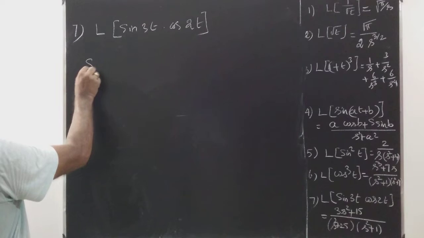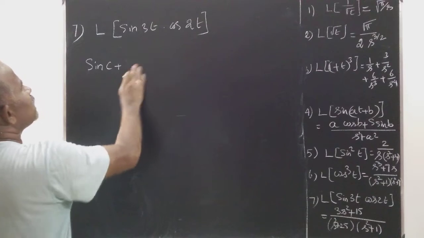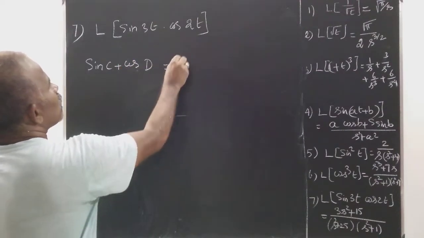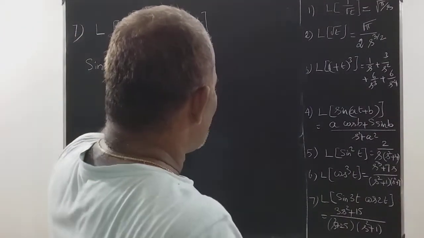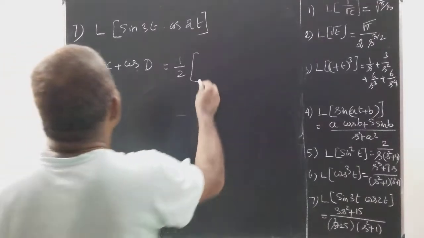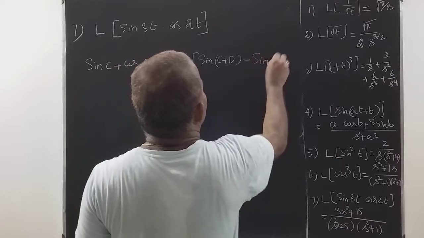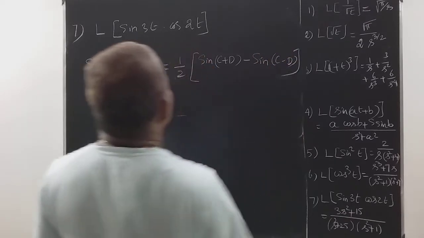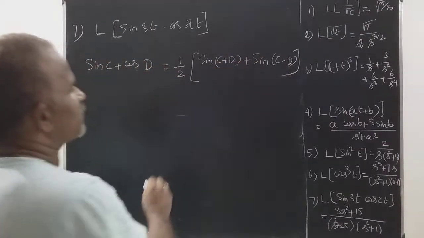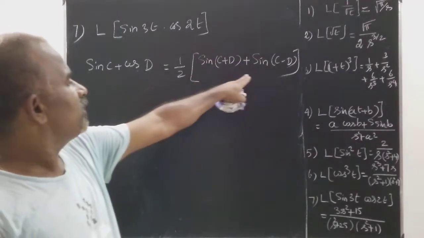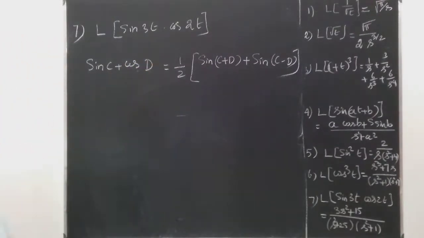So this is sin C into cos D, which is equal to 1 by 2 into sin C plus D plus sin C minus D. So this is the trigonometrical equivalence formula for sin C cos D.